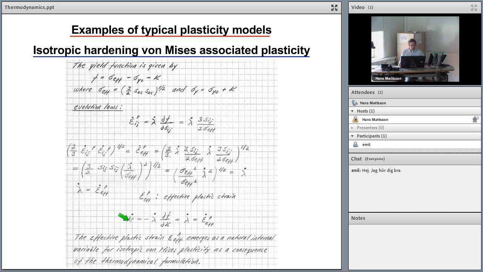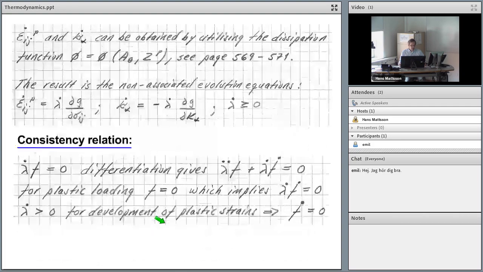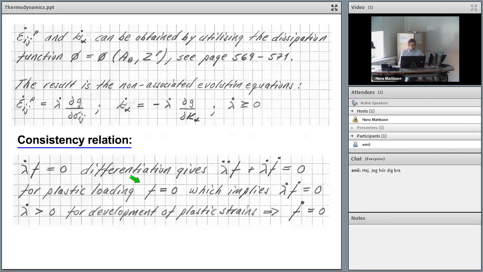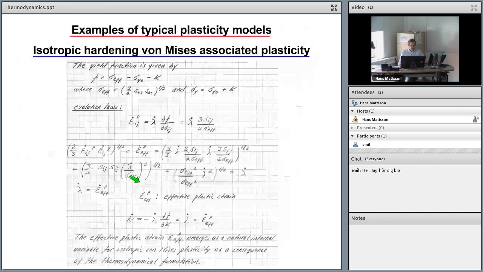We can see that this internal variable is equal to this result here that we got from the Lagrange multipliers. This result here we use once again here for the von Mises model. And if we take the partial derivative of the yield function with respect to the hardening parameter here, we see that this is just -1.